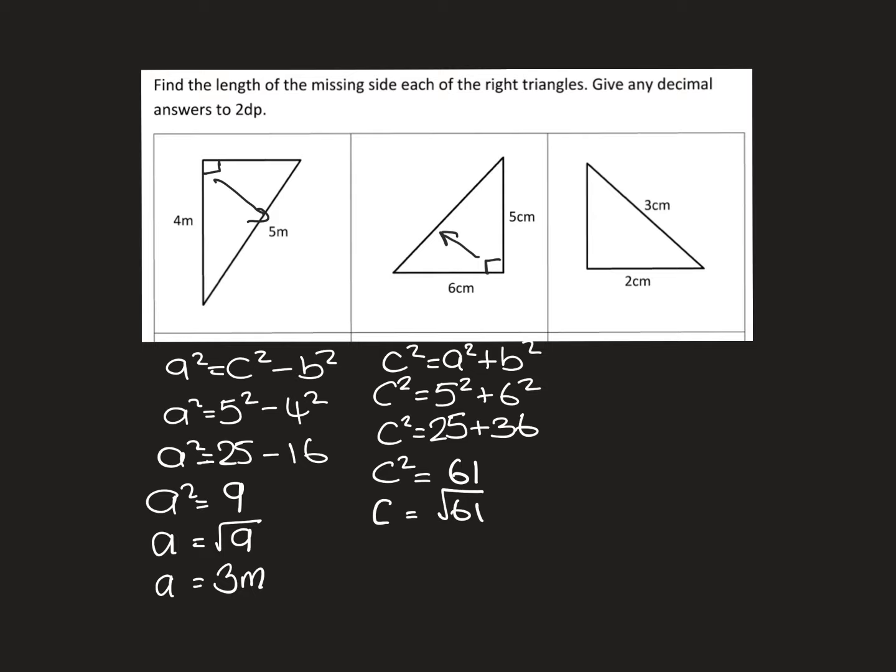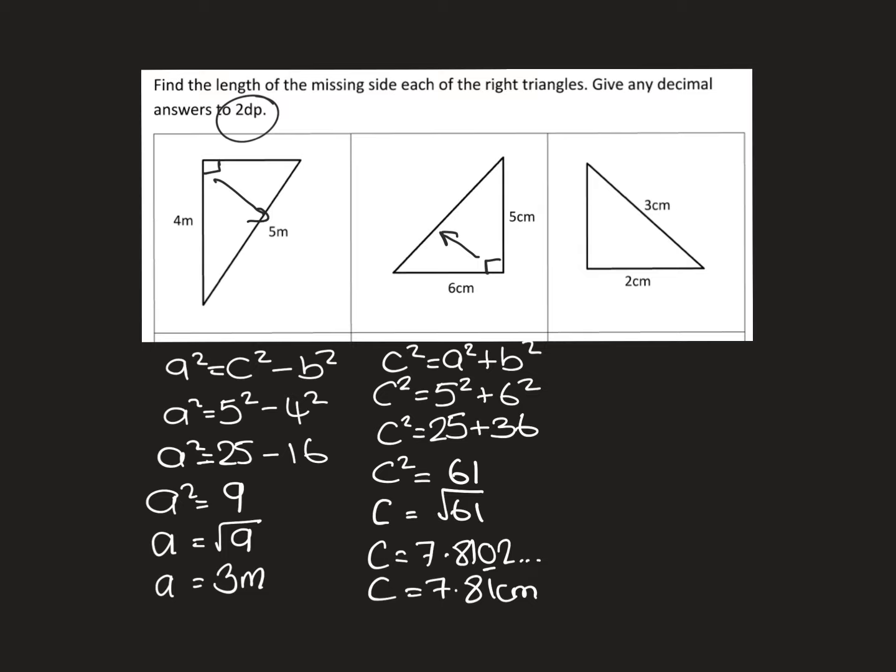So we'll do the square root of 61 on our calculators, and that gives us an answer of c equals 7.8102, etc. And it says up here in the question that we are to round this to 2 decimal places. So if we round that to 2 decimal places, it would be c is equal to 7.81, and because there's a 0 after that, it's going to stay as 81. And the units for that question is centimetres, so make sure you include those in.